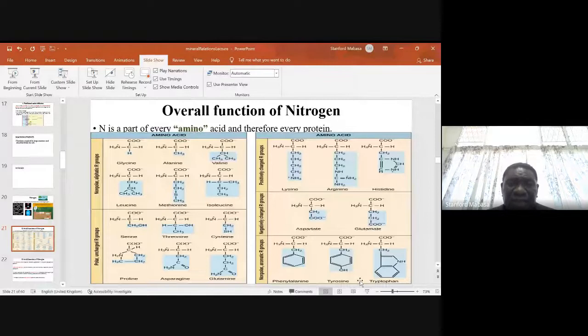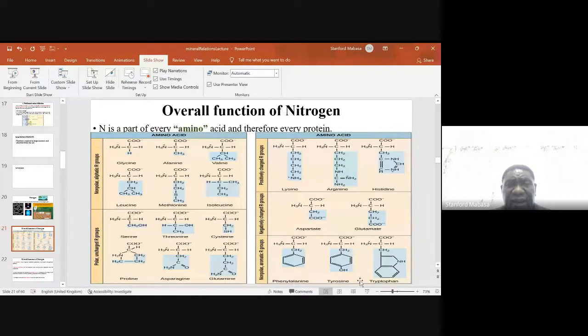So what is the importance of nitrogen or its function? You may be interested to know that nitrogen is part of every amino acid and therefore every protein. You know, living things require amino acids and the protein, and the basic part of the structure is nitrogen.